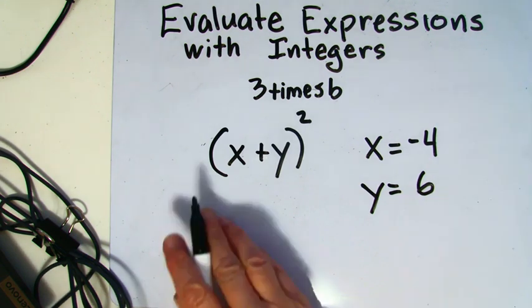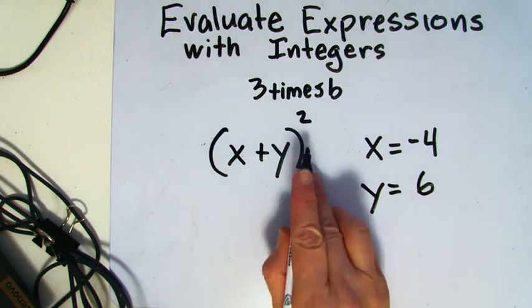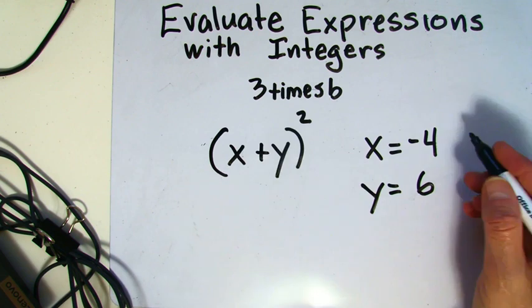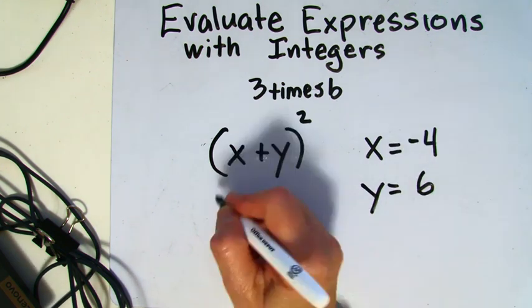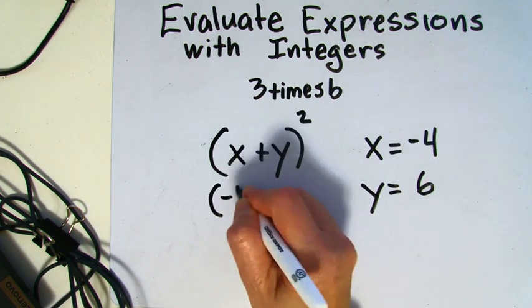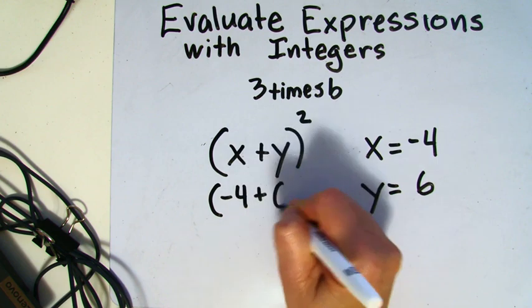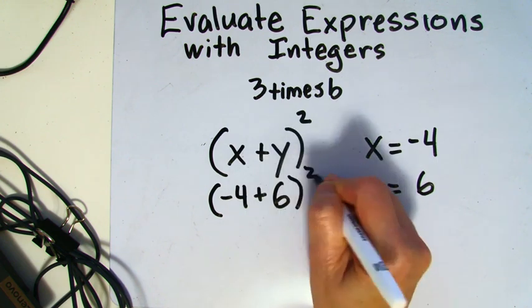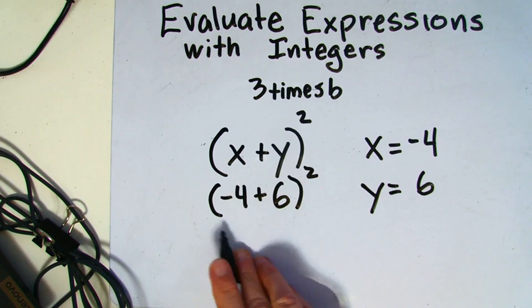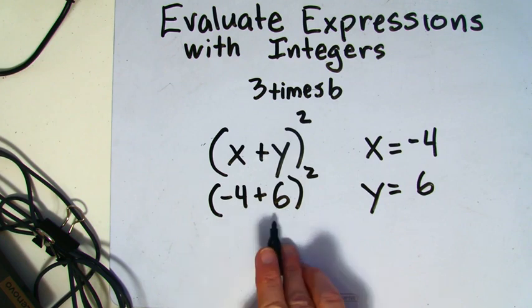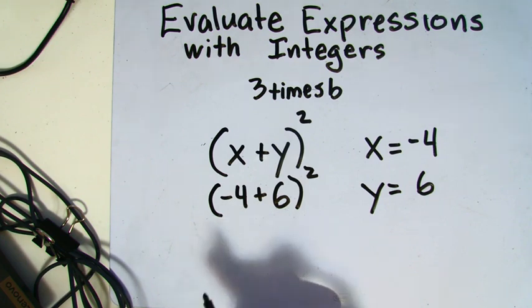So before we do any adding or squaring, we're just going to plug in these values first: the quantity of -4 plus 6 squared.